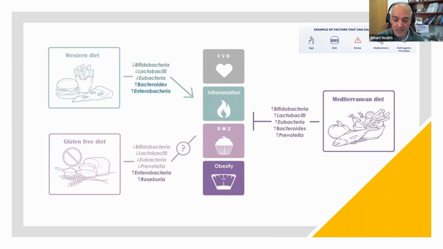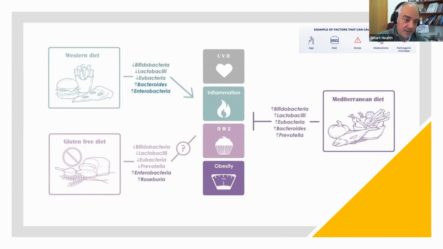When I say pro, it means in favor of, would result in inflammation. That means that the Mediterranean diet is one of the best diets to suppress the risk for cardiovascular disease, CVD, inflammation, diabetes, and obesity, and most of the metabolic syndromes.